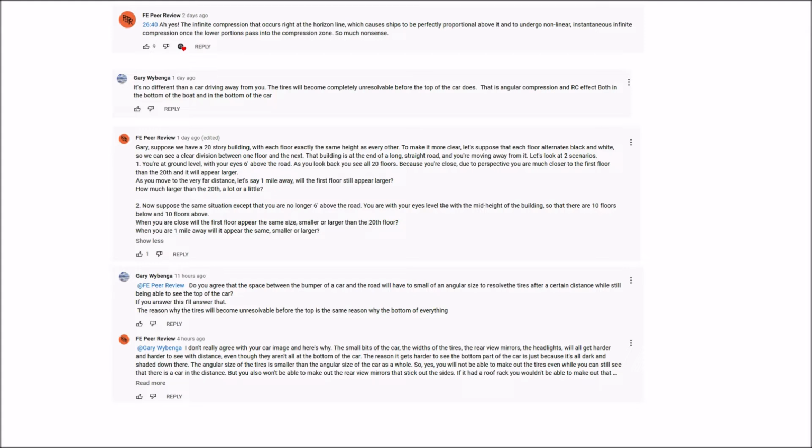Gary Wybenga responded, "It's no different than a car driving away from you. The tires will become completely unresolvable before the top of the car does. That is angular compression and the Rayleigh criteria effect, both in the bottom of the boat and in the bottom of the car." I responded to Gary with a question posing the problem, rather than a car, as a building.